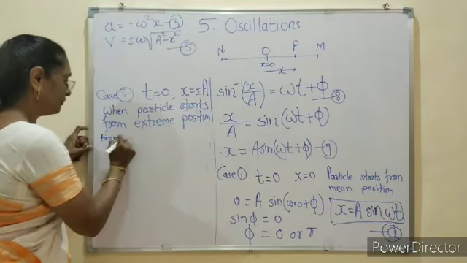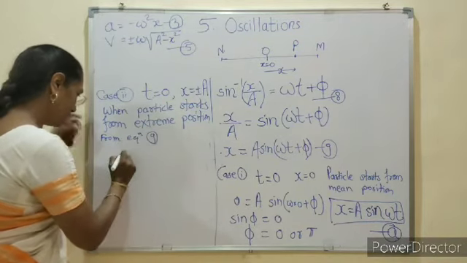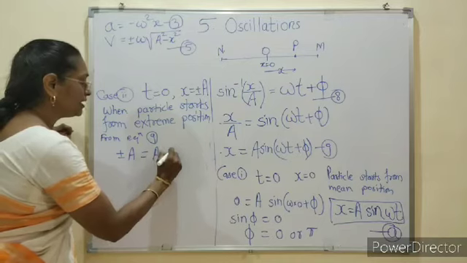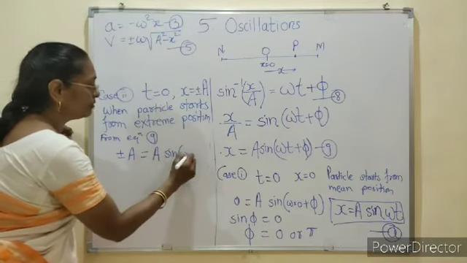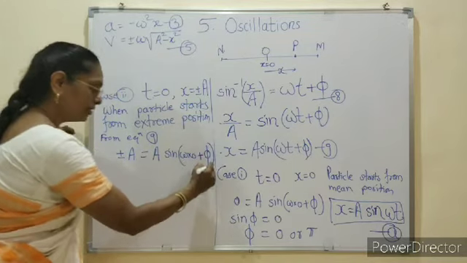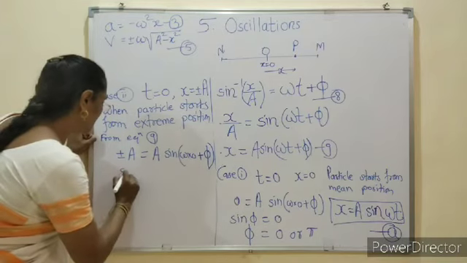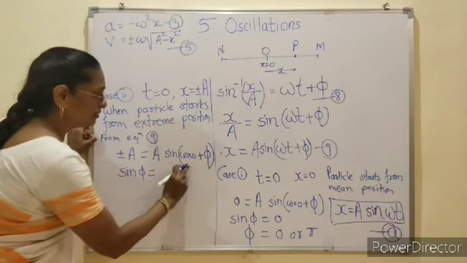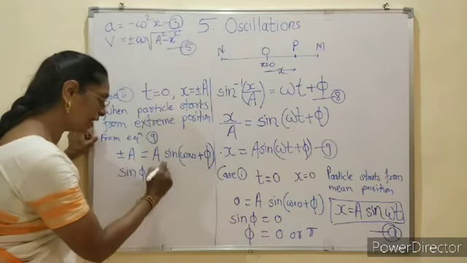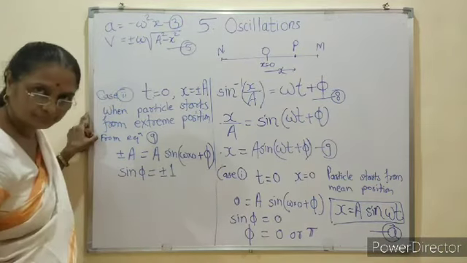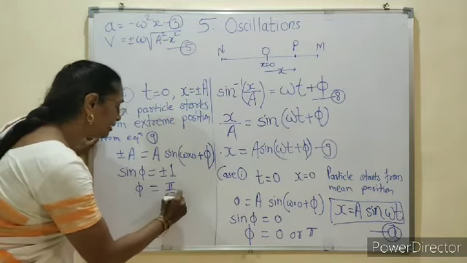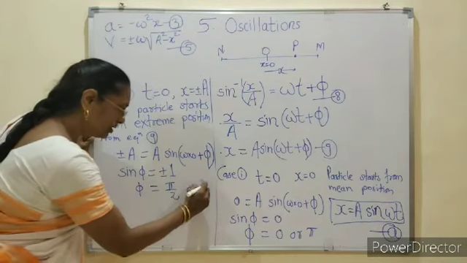So from equation 9, x is equal to plus or minus a is equal to a sin(omega t plus phi), where we substitute t as 0. What will we get here? Sin phi is equal to plus or minus a divided by a, so we get plus or minus 1, and phi is equal to pi by 2 radian or 3 pi by 2 radian.